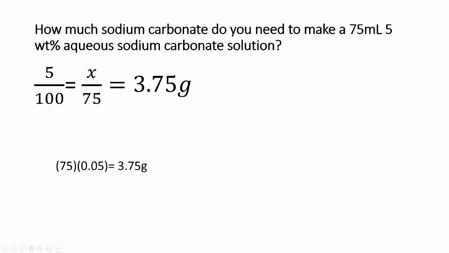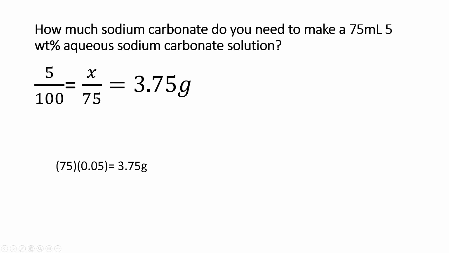We can do it either proportionally. If a 5% solution were 100 mLs, that means 5 grams of sodium carbonate would need to go into 100 mLs of water to make the solution.